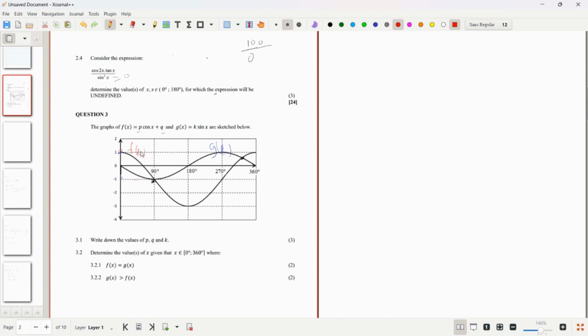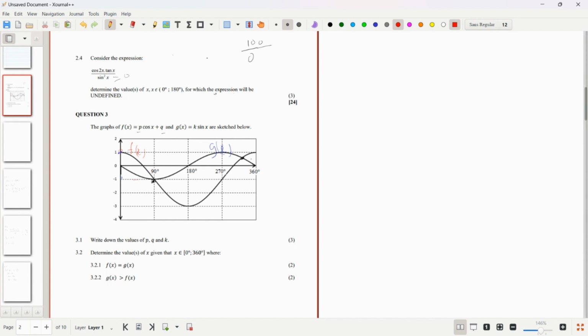We can see f of x is down here, g of x is up here, right? So we need to determine the values for x. We can see it's between 90 and 315.